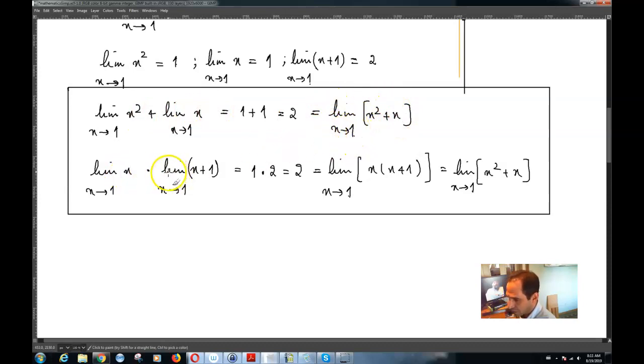And the limit of x times the limit of x plus 1 is equal to the limit of x times x plus 1, which is equal to the limit of x squared plus x as x tends to 1. So that's something that we will take advantage of in the algebra of limits.